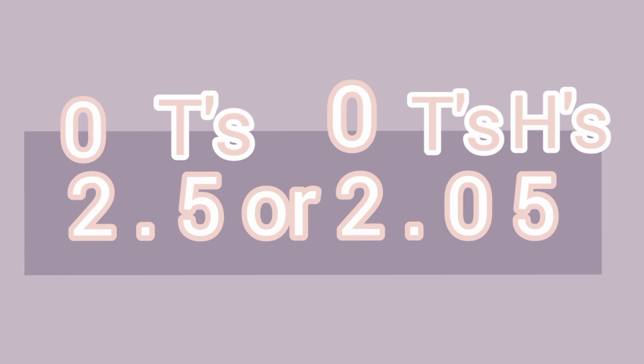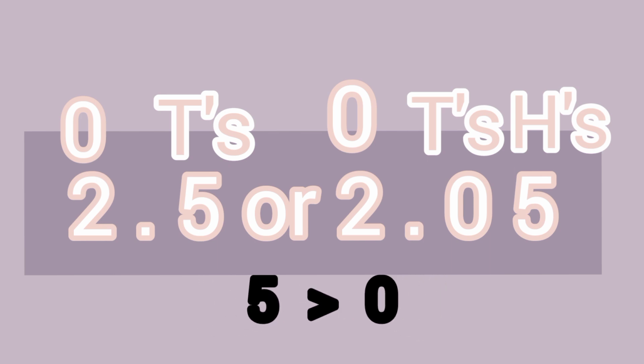Okay students, now we have to compare the numbers. For doing so, we have to check first in the whole part. For both the numbers, in ones place we have 2. So now we'll compare the numbers in the decimal part. In tenths place of the first number we have 5 and of the second number we have 0.